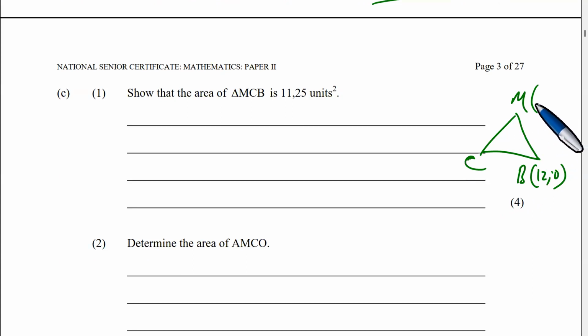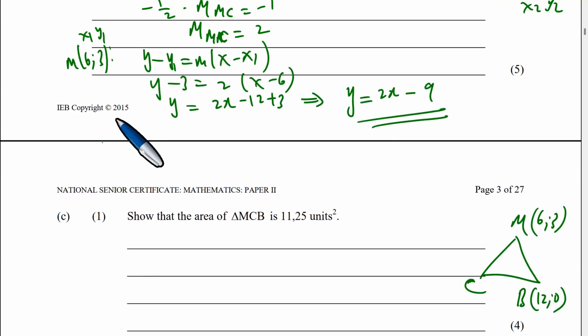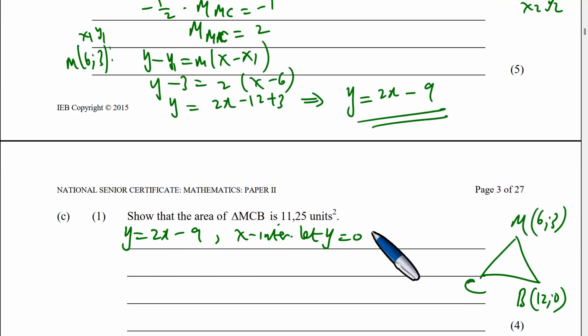M has the coordinates 6 and 3, and we've already got the equation of the line MC: y equals 2x minus 9. Now we want to find the x-intercept. For the x-intercept, you let y be 0. If y is 0, then 0 equals 2x minus 9, which means x is 9 over 2.